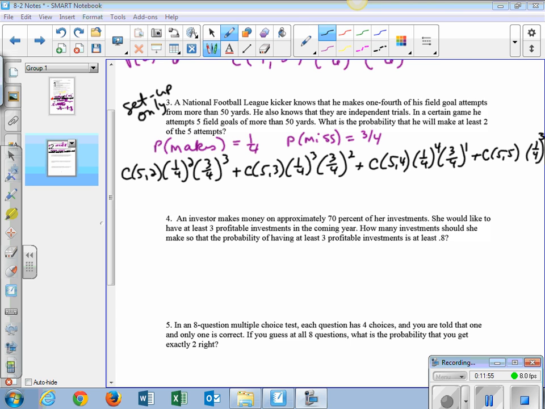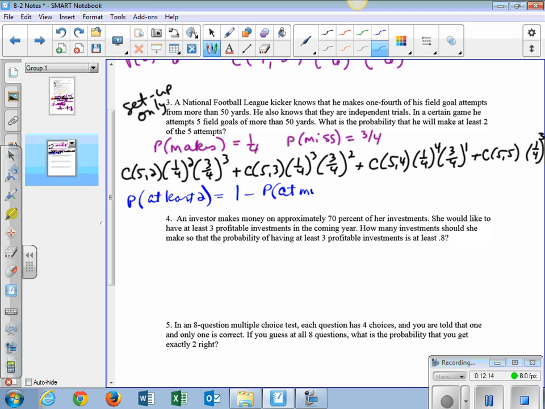The other method of doing this is to do 1 minus what you don't want. So it says I want to make at least 2 of them. So basically the probability of at least 2 would be the same as 1 minus the probability of at most 1.